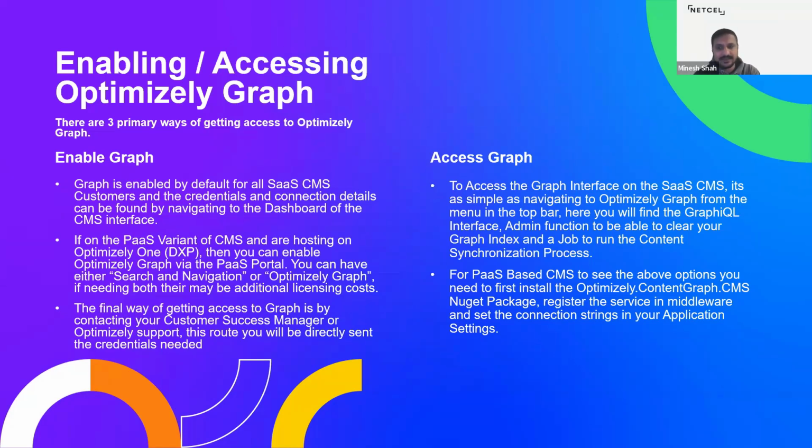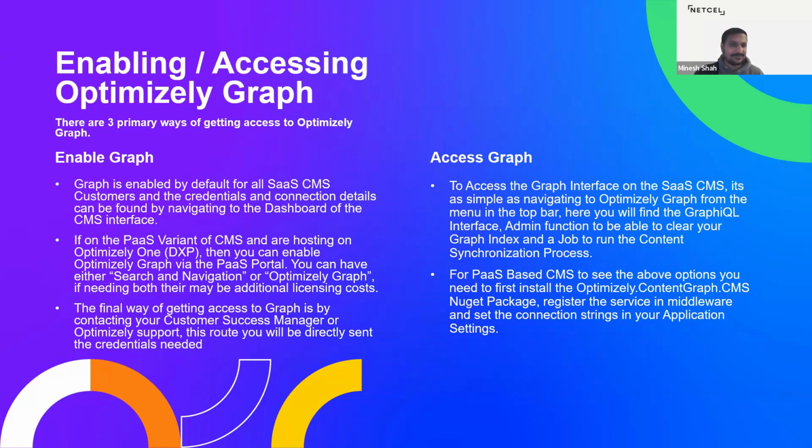If you're on the PaaS-based CMS, especially if you're hosted on Optimizely DXP, you just need to go into the PaaS platform. So in the PaaS Explorer, if you go to the APIs tab up the top, you're basically able to enable Graph. Just a caveat on that, when you are a DXP customer, you can't have both search and navigation and Graph at the same time.